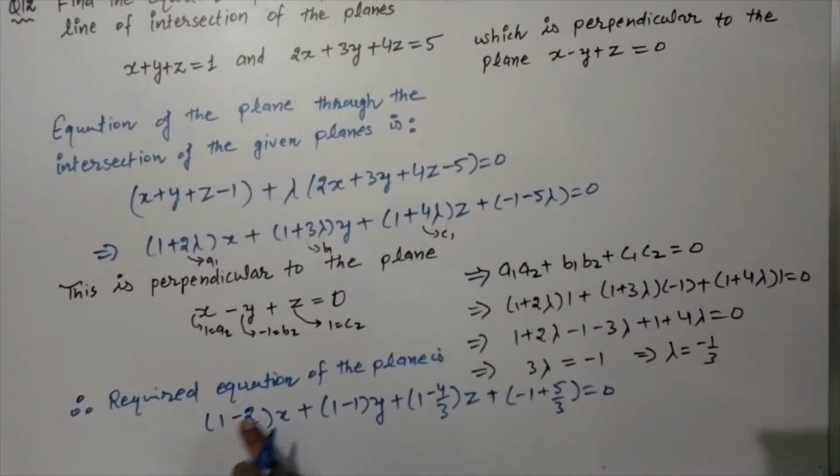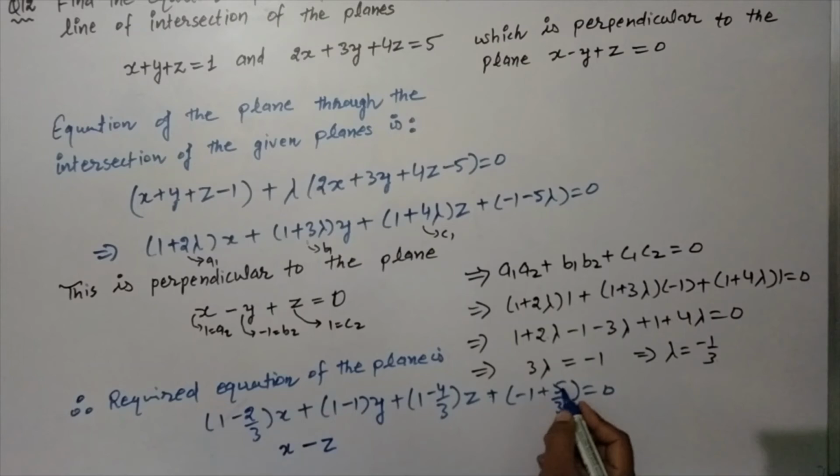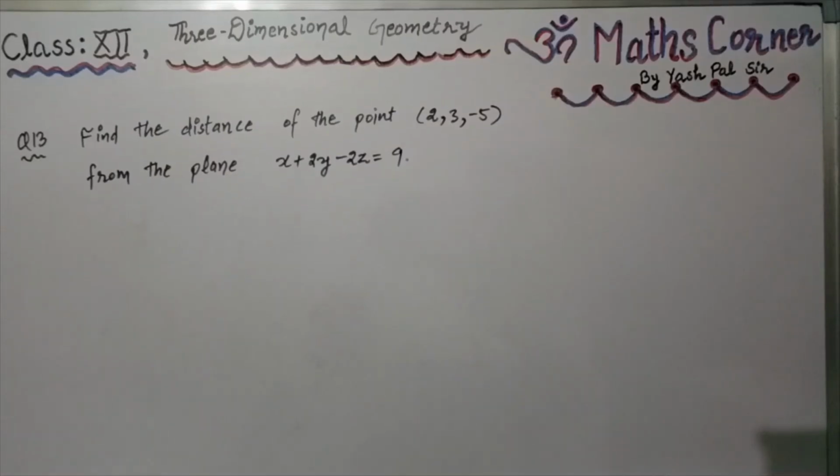So again this is 3 minus 2 is 1 upon 3 x, this is 0, 3 minus 4 is minus z, this is minus 3 plus 5 plus 2 is equal to 0. So this is the required equation of the plane.